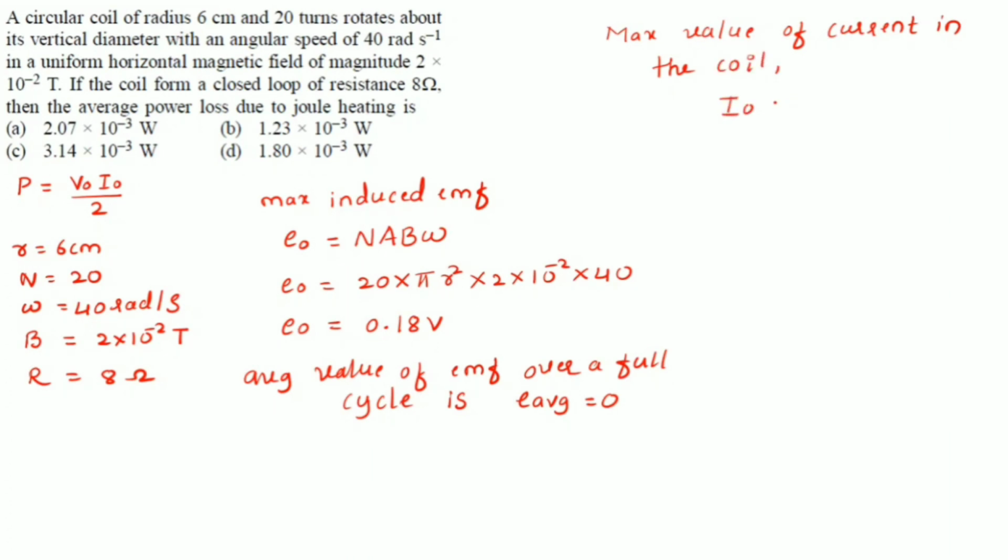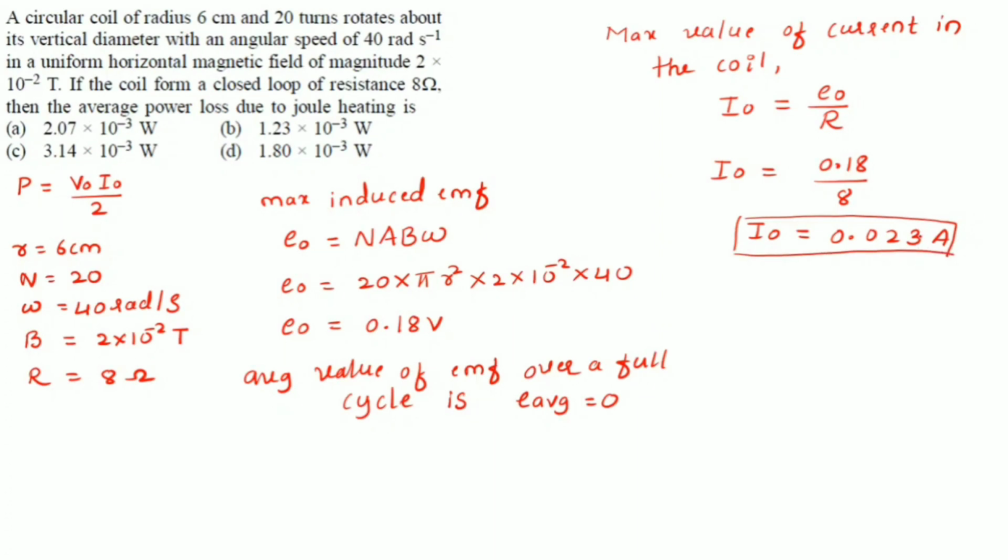Maximum current is denoted by I naught equal to E naught divided by R. Substitute the values of E naught, that is 0.18 divided by resistance is 8. So I naught value is 0.023 ampere. So now we got maximum current I naught. And also we got maximum EMF, that is E naught.